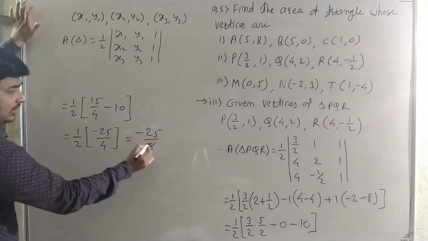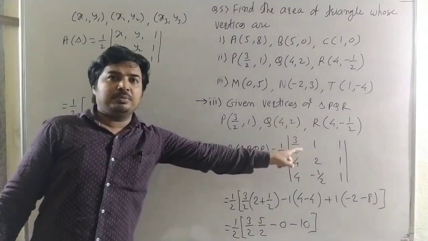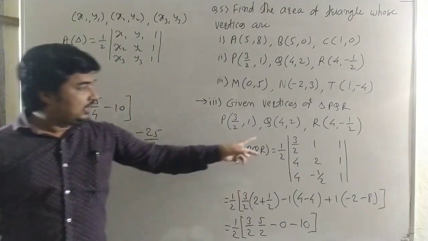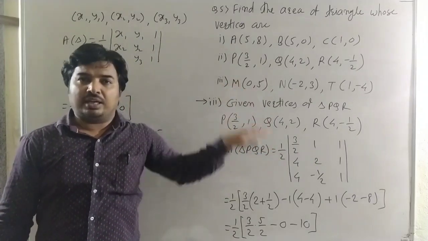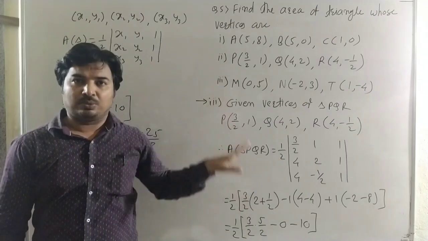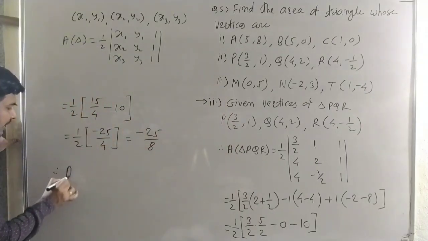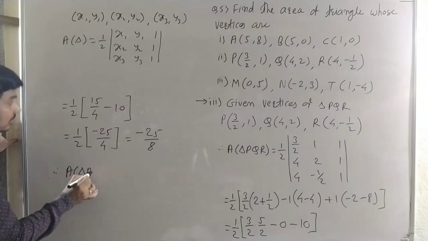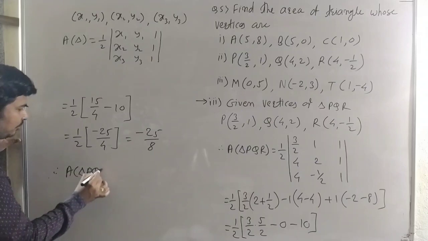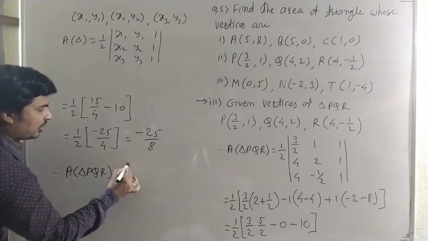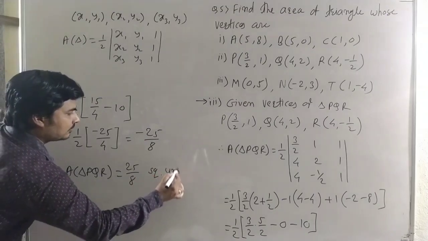See carefully, the calculation of this determinant is negative, but this determinant gives the value of the area of the triangle, and area cannot be negative. So we take the absolute value, and therefore the area of triangle PQR is 25 upon 8 square units.